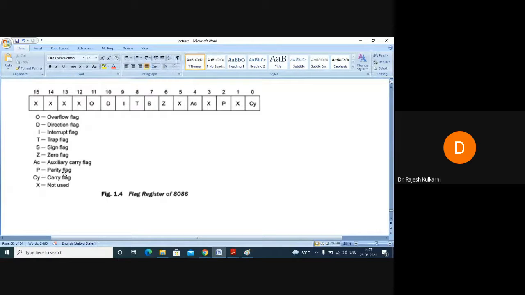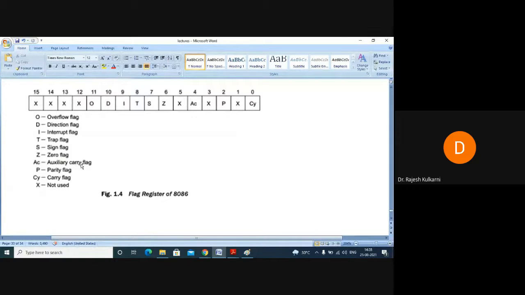But if we are performing some calculation, some addition, some subtraction, and we are using the lowest nibble, the last 3 bits, then this auxiliary carry flag will be set. You should listen to this line carefully: if the last 3 bits are used, then the auxiliary carry bit will be set.